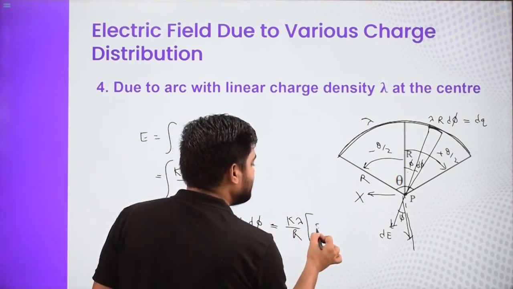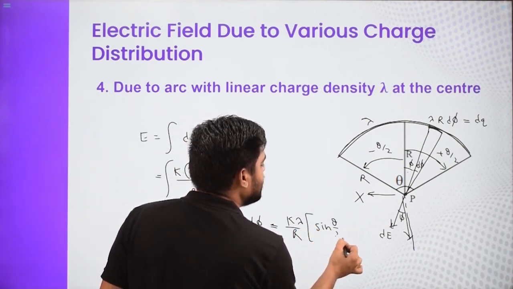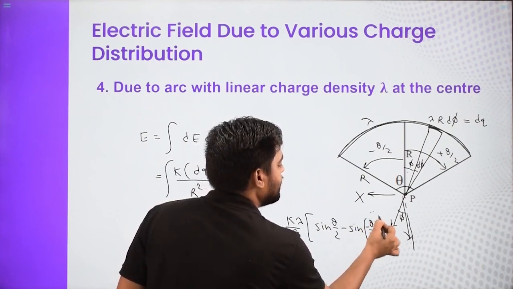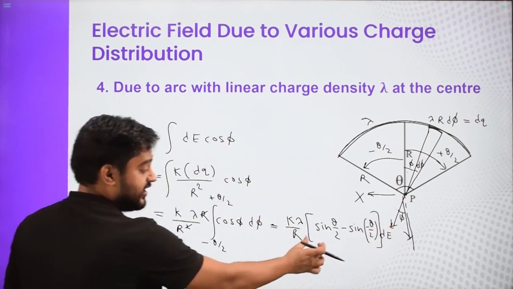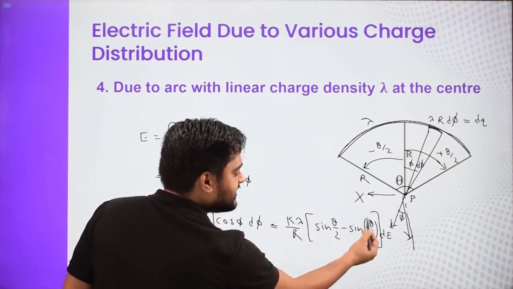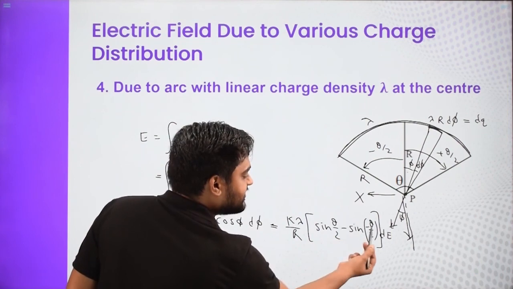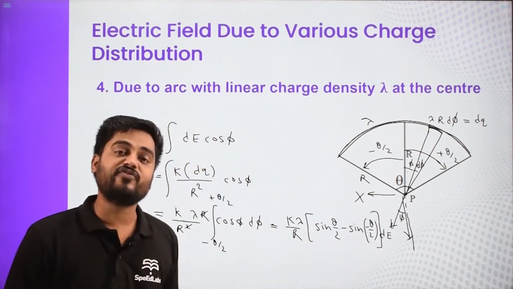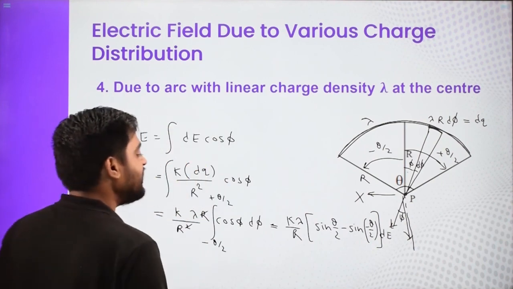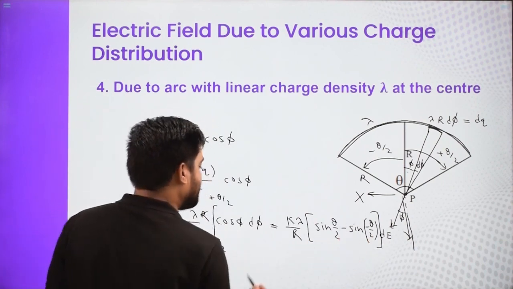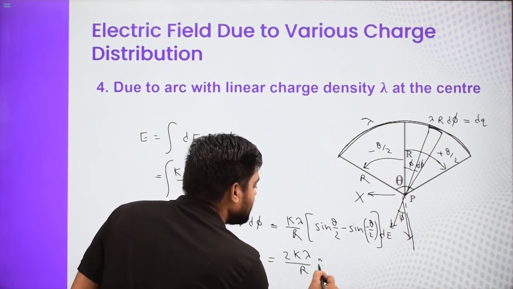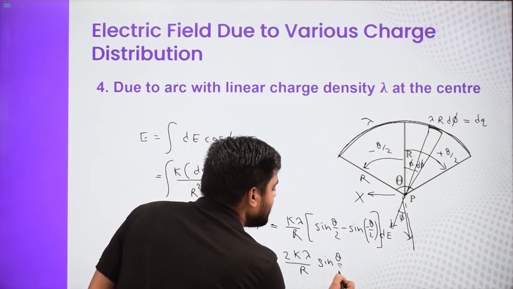When you put the limits, you get sin theta by 2 minus sin of minus theta by 2, which eventually leads us to 2 sin theta by 2, because sin of minus theta is minus sin theta. So we get positive over here, and it becomes sin theta by 2 plus sin theta by 2. So it is 2 k lambda by r sin of theta by 2.